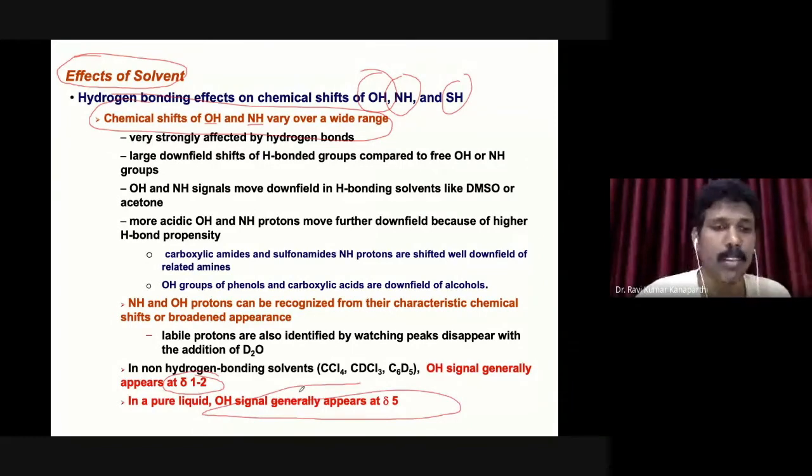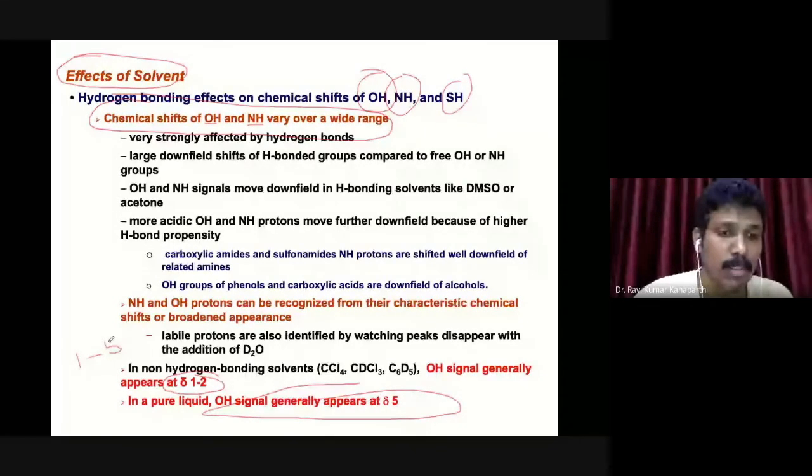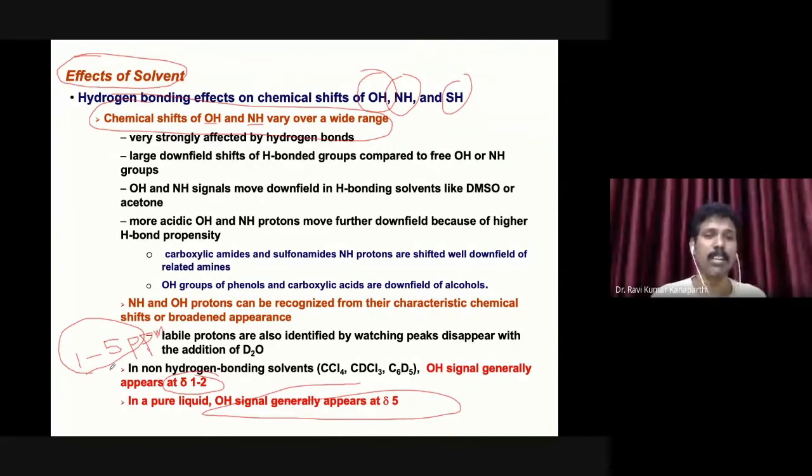Remember, if you are using a neat solvent, sometimes there are people who are very good and give these details. They mention neat solvent. Neat means that there is no other impurity. In such a situation, you will find the OH proton somewhere around 1 to 2.